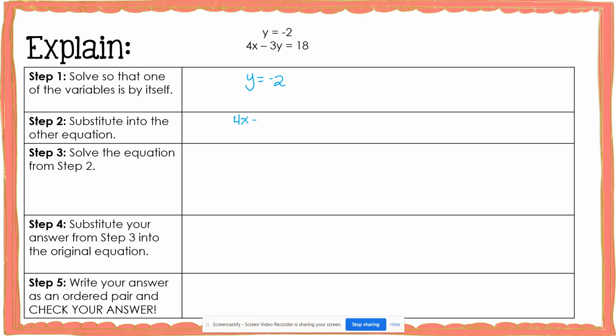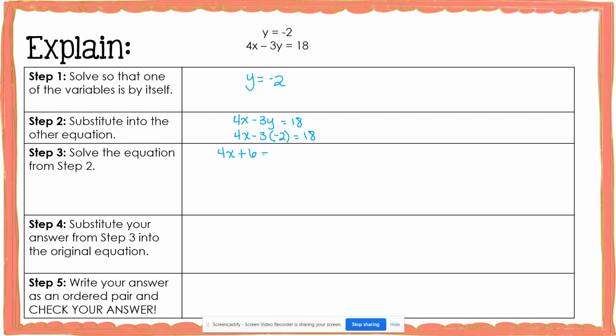So 4x minus 3y equals 18. Well, so that means 4x minus 3 times y, but we know that y is negative 2. Now we just solve. So we have 4x, and then we have negative 3. Remember, that's negative. So negative 3 times negative 2, which gives us positive 6.